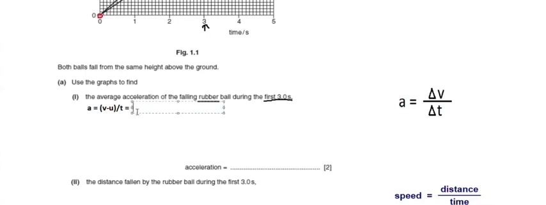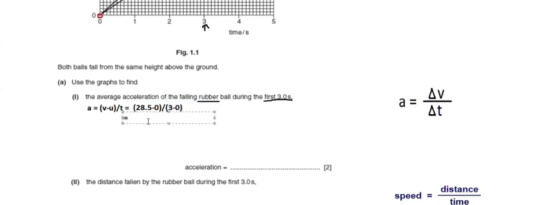So here the final speed is 28.5, and the initial speed was 0, and on the time axis the final time is 3 and the initial time was 0 seconds. So change in speed divided by change in time.